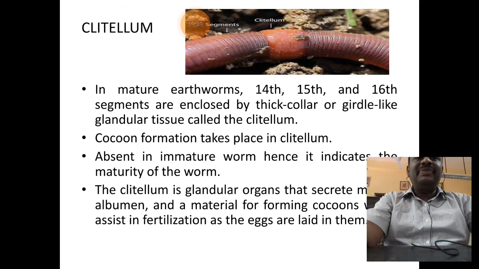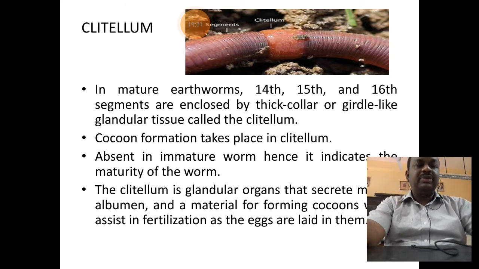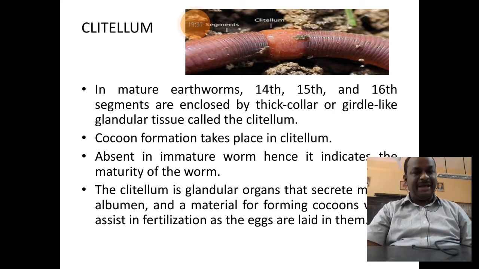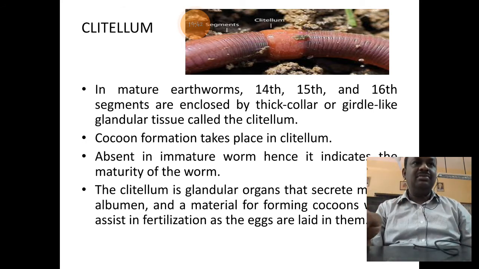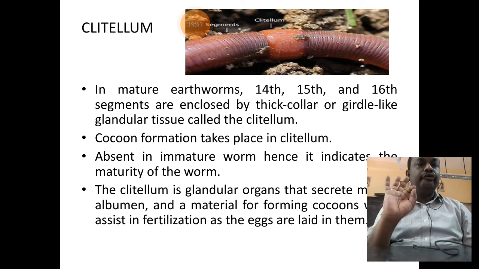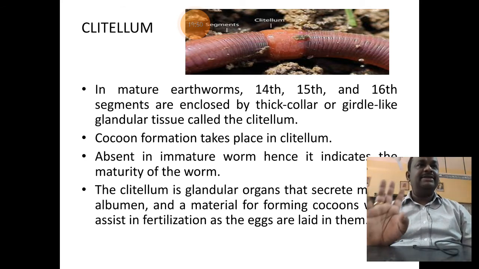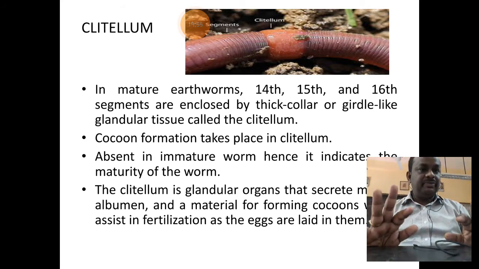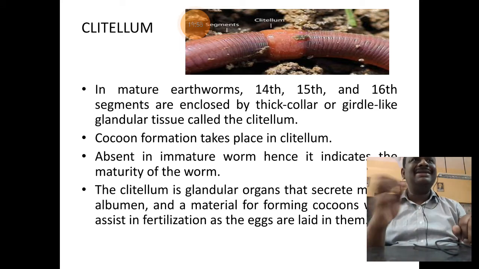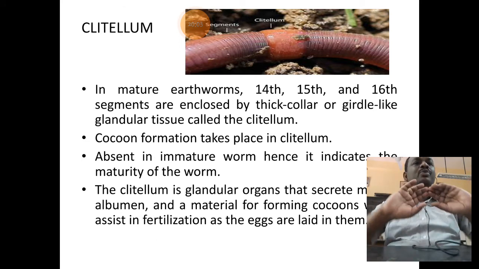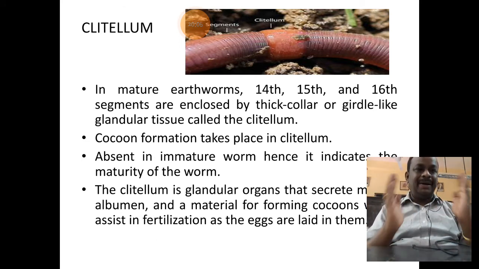Students, in mature earthworms, when we look at the segments starting from the mouth, the first segment called peristomium, the second, third, fourth, like that, when you count down, between the 14th, 15th and 16th segments, understand, 14th, 15th and 16th segments of the body in mature earthworms, when earthworms attain maturity, at that time, these segments of 14, 15, 16 will secrete an additional body cover.